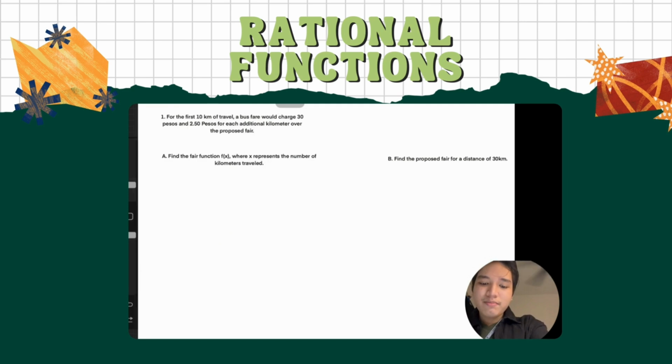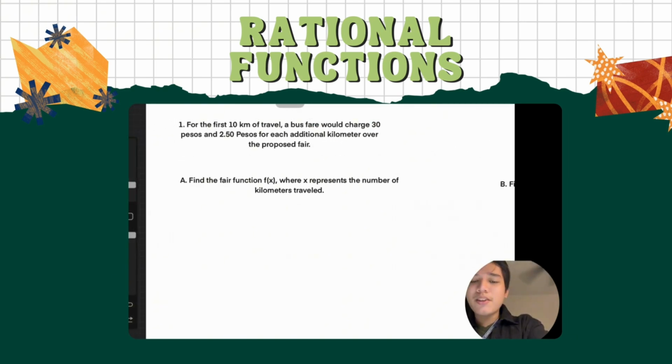For A, the fare function, we have to understand the question. f(x), where x is the distance. Let's use inequality. So it says that for the first 10 km of travel, a bus fare would charge 30 pesos.